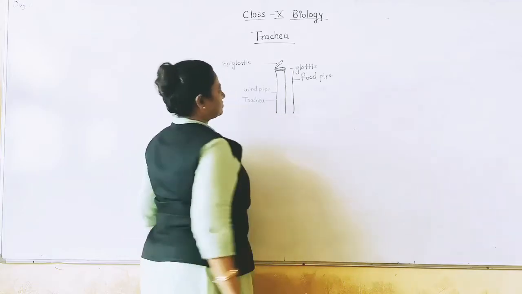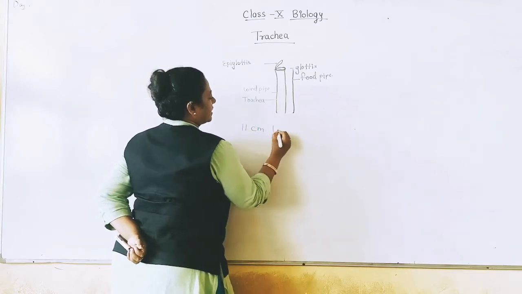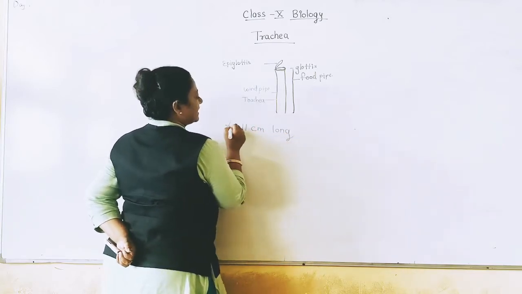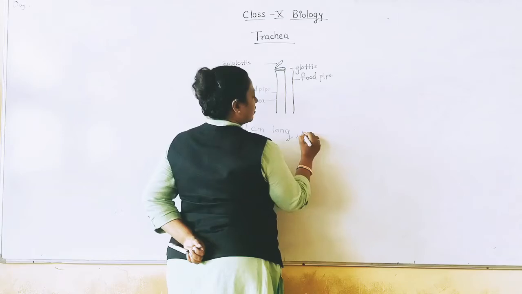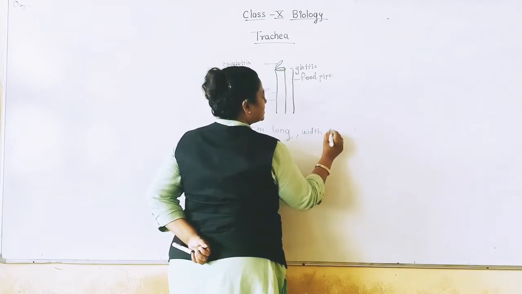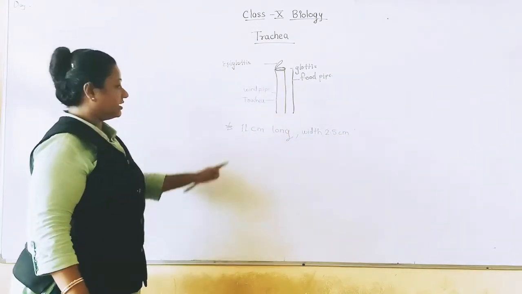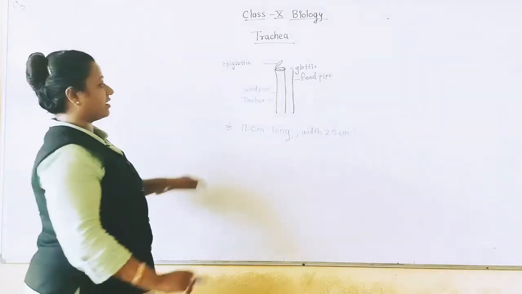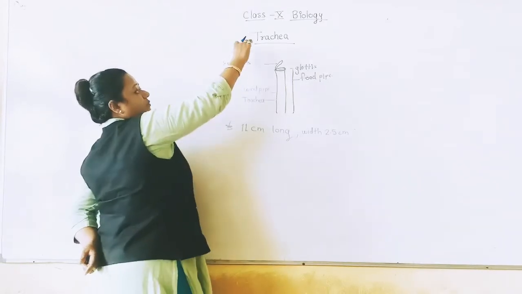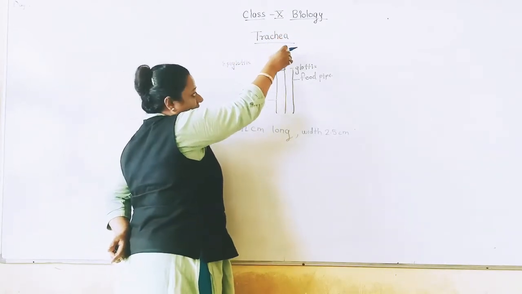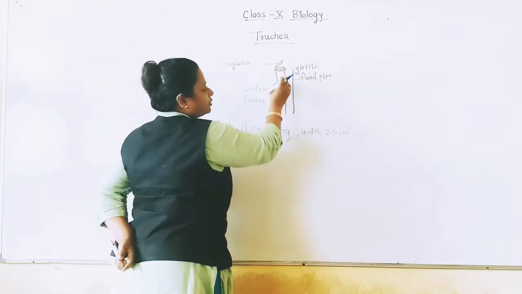Now, this trachea or windpipe is 11 centimeters long. The length of the trachea is 11 centimeters, and the breadth or width of the trachea is 2.5 centimeters. The air comes from the pharynx and the larynx, and that air passes into the trachea, the windpipe.